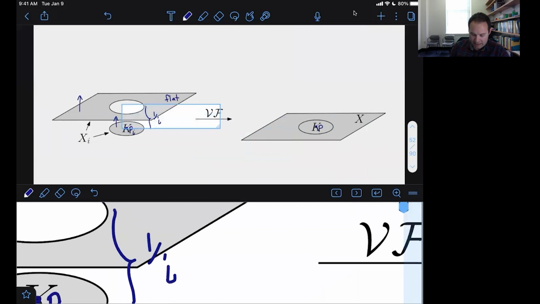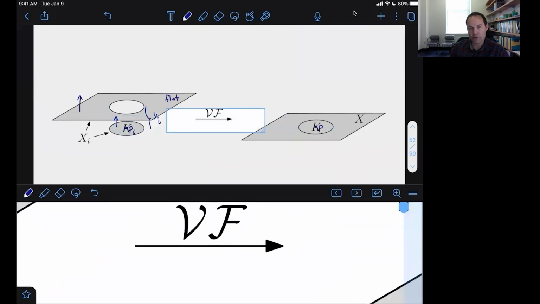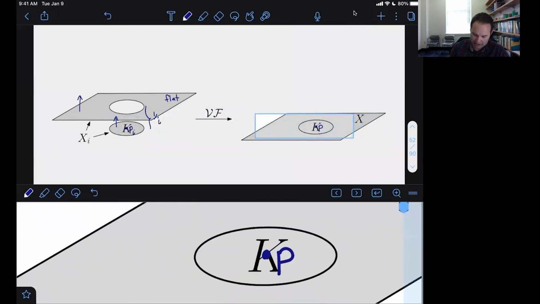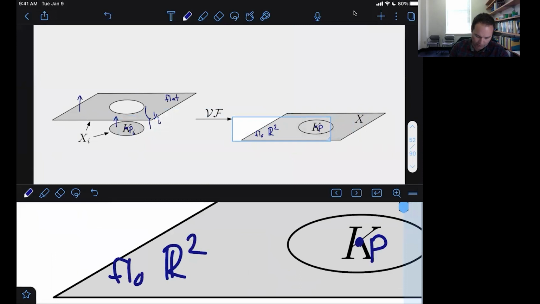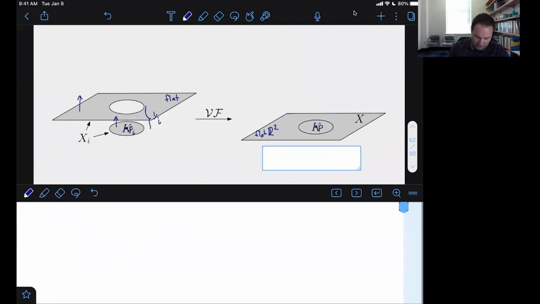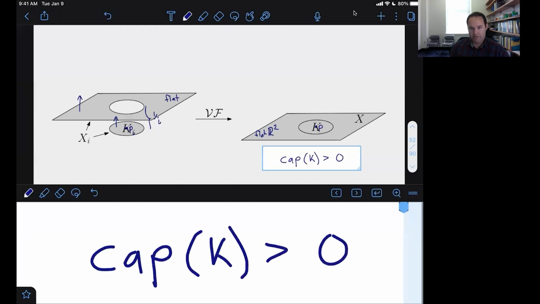And what's happening is this converges in the pointed volume preserving intrinsic flat sense to just a nice flat Euclidean R2. So those pieces come together. In the limit space, you could have the capacity of K certainly positive. Just choose a ball, for example.